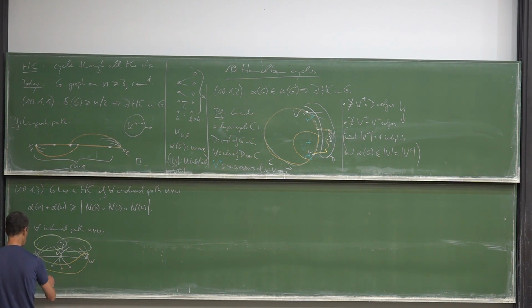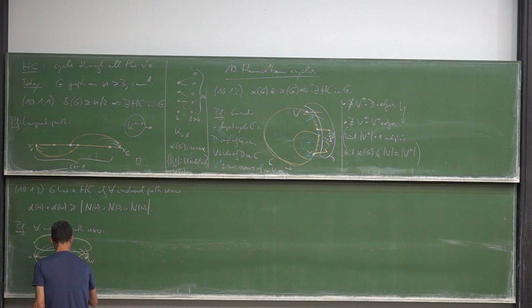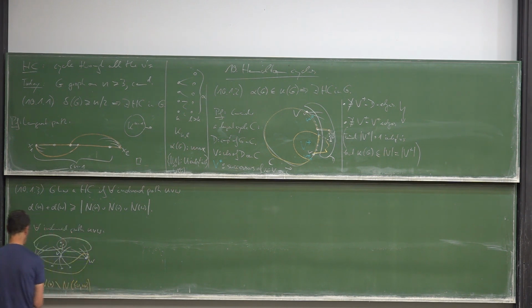So yellow is the neighbors of little v that are not green. So without the neighbors of the set U, comma, W. And that is the green set here, neighbors of U and neighbors of W.